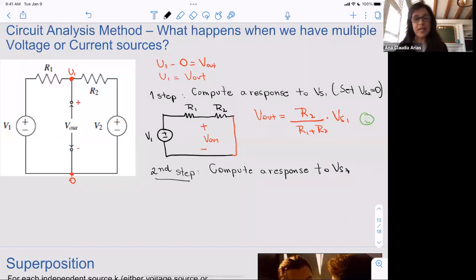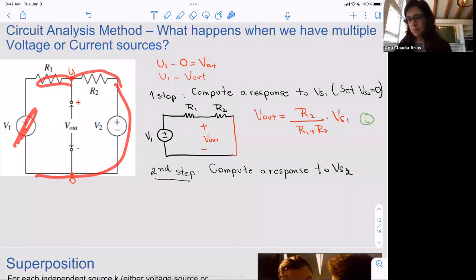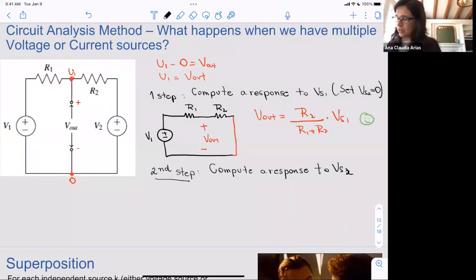And we are going to set VS1 to 0. So if I set VS1 to 0 and I want to compute a response to VS2, I have resistor 1, resistor 2. Now I will have VS2.